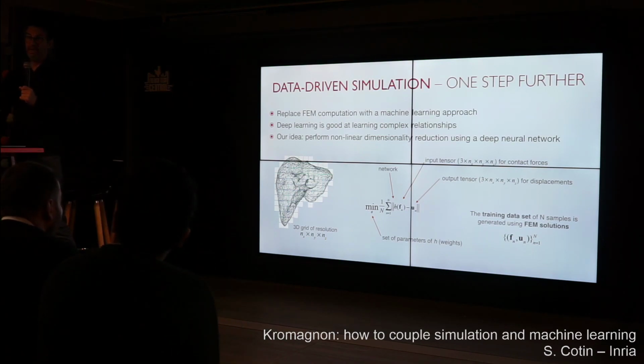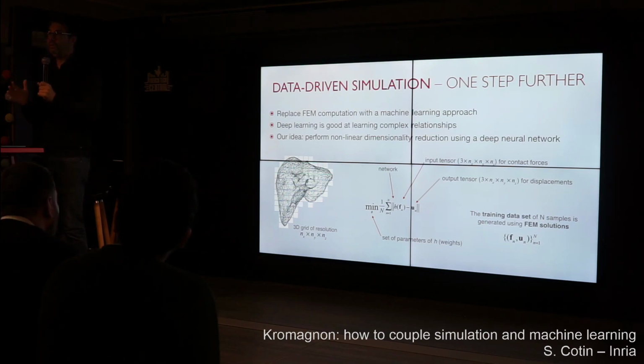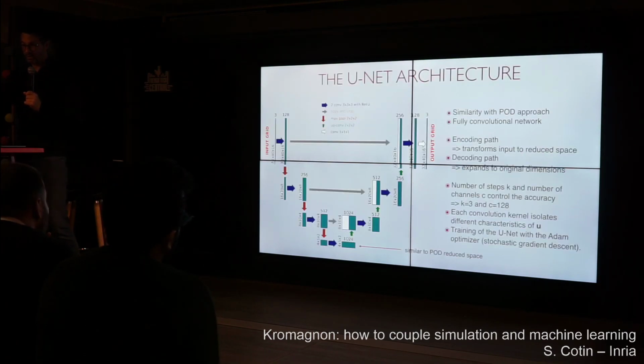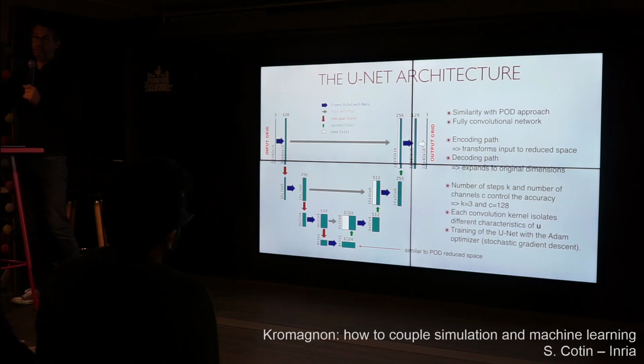And we do that by training the network with simulations. And to keep the training time limited, we sample these inputs in a way that we sort of optimize the training data set. A network looks like this, and the reason we chose this is because it mimics what happens when you do model order reduction.